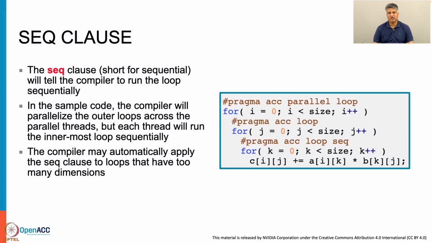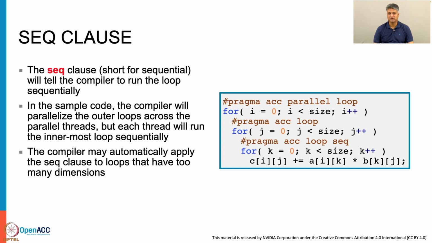Now, you also have the sequential clause, which is SEQ. This forces the compiler to run a loop sequentially. This is especially important if you have determined that you have a loop where there is a certain data dependence. So in this sample code of matrix multiplication, you can see that the outer loops over i and j can be parallelized, whereas the innermost loop, which runs over k, has to be run sequentially.